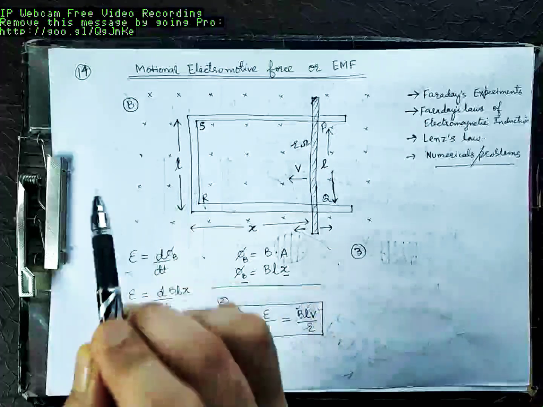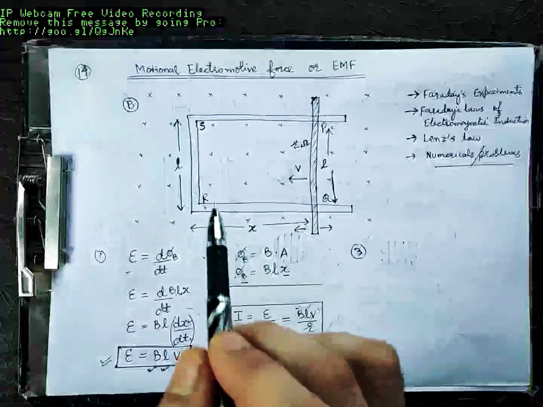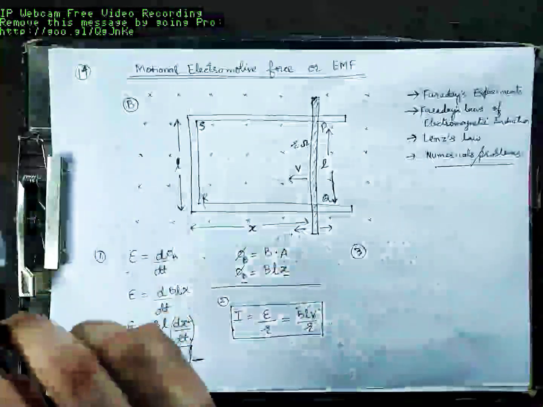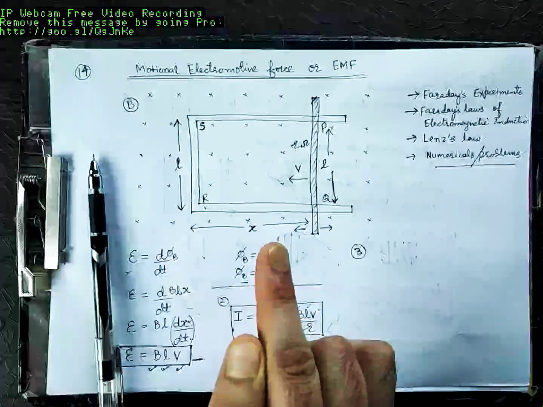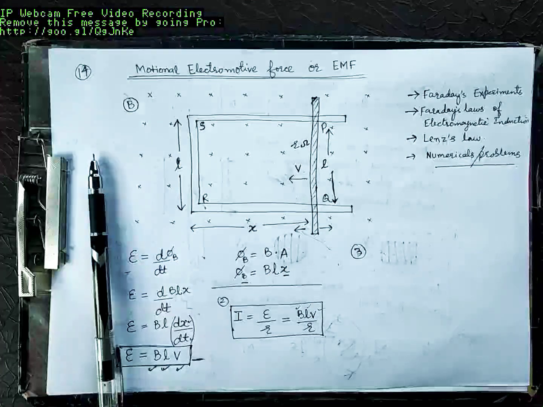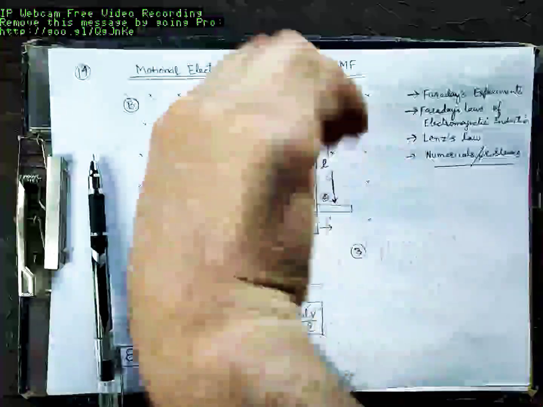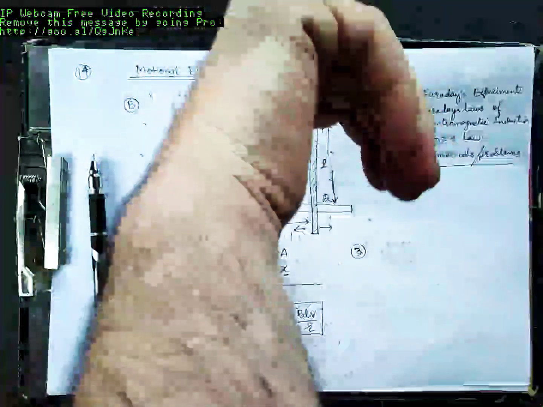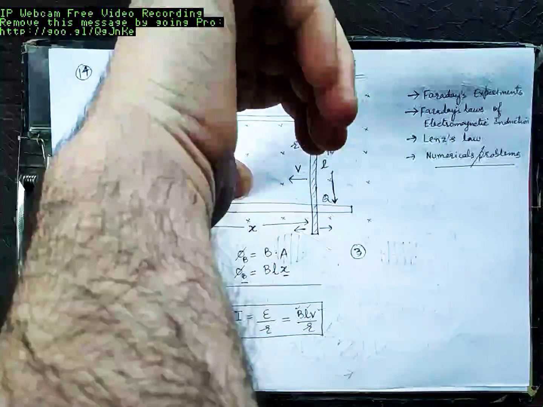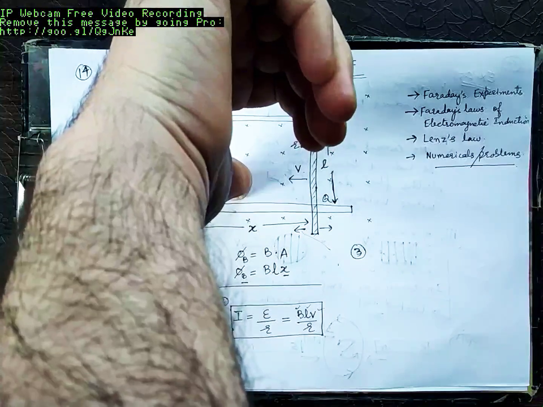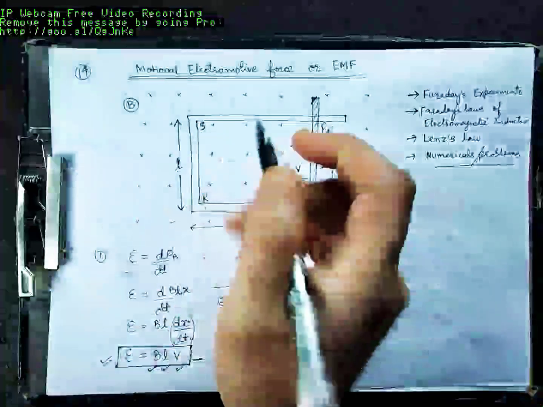Or in other words, that current will increase the flux. Flux is into the plane of page. So that current should flow such that it will produce a flux which is into the plane of page. If you want flux into the plane of page, using right hand thumb rule, current should be clockwise. So current will flow in this direction.